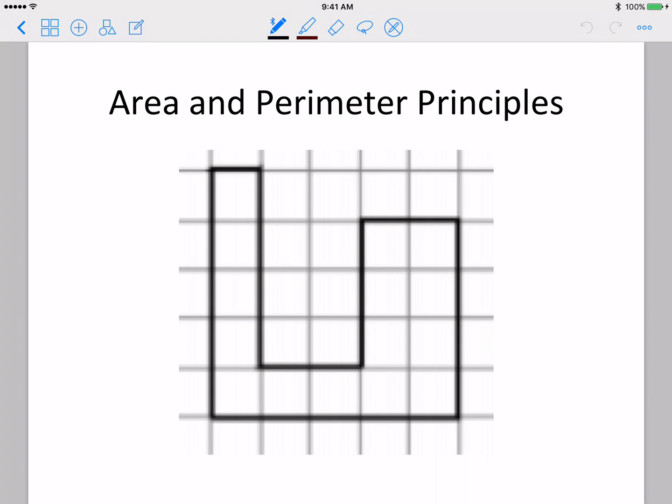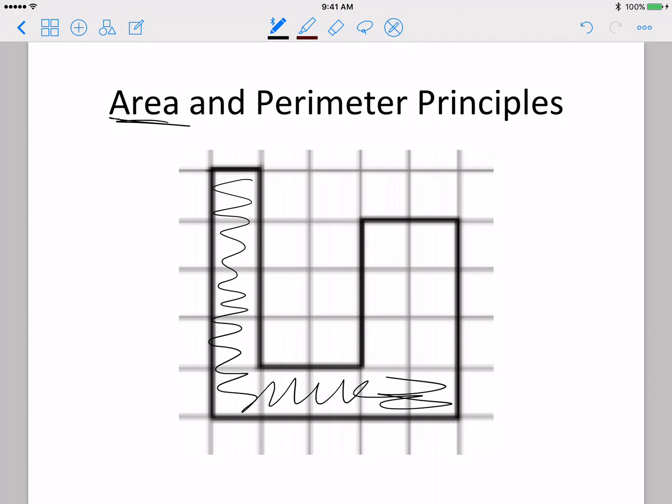So let's talk about area and perimeter principles. The area is the amount of space inside of an object. We want to know if we have an object, the area is the amount of space inside of that. We measure area with square units.